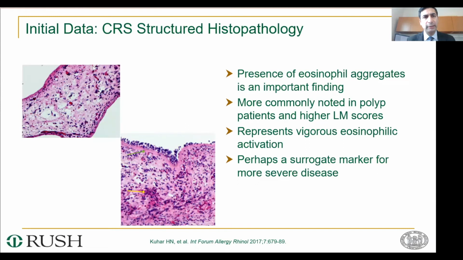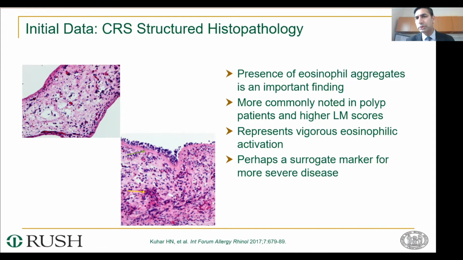So you'll see here, this is where you see submucosal edema, which is quite severe. You see sparse seromucinous glands. And in this area, you see the basement membrane thickening in this polyp tissue. And also you see these eosinophil aggregates, which is really interesting because this was more common in the polyp patients and patients with higher Lund-Mackay score.